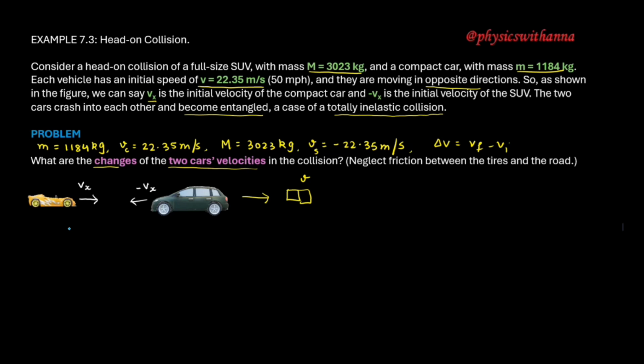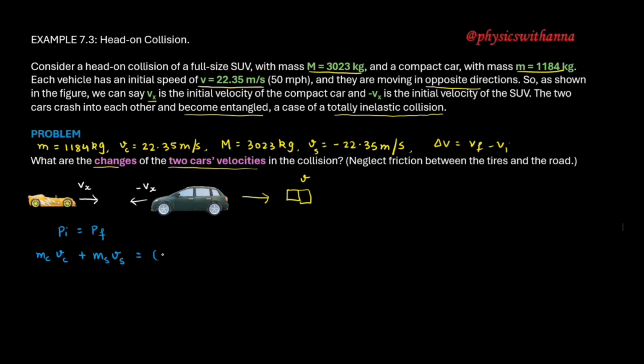We know from the law of conservation of momentum, momentum before collision must be equal to momentum after collision. Momentum before collision is the sum of the momentum of compact car and SUV. So we write this as mass of the car into velocity of the car plus mass of SUV into velocity of SUV equals after collision they stick to each other and move with a common speed v.